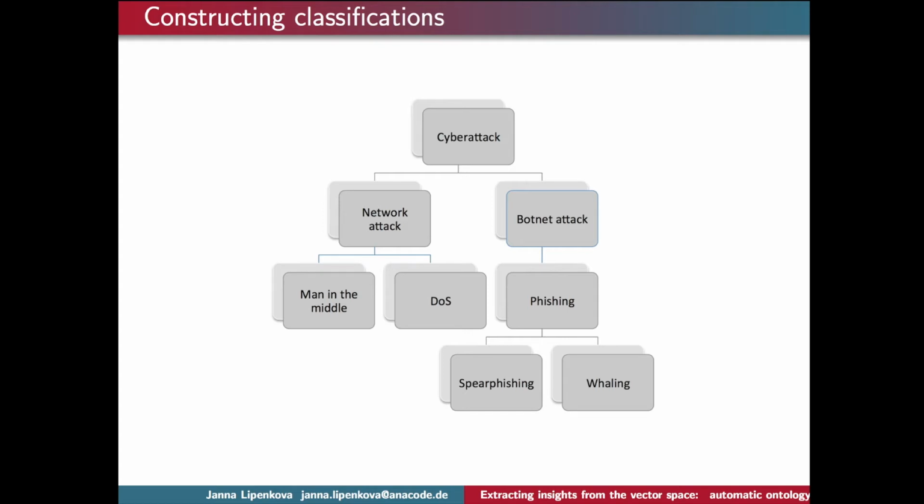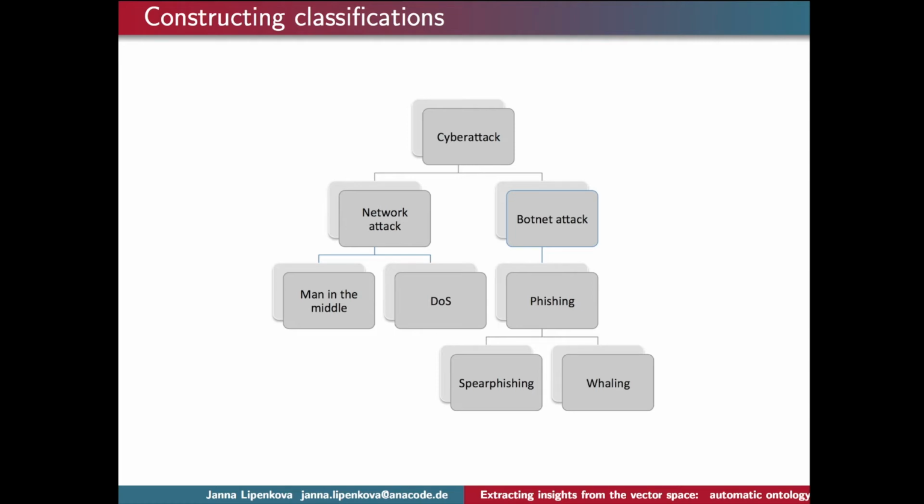As most of you might know, ontologies are classifications of knowledge with some relationships that can be established between the different classes and the different instances in the ontology. So on this slide, you can see, just to illustrate, a very small excerpt of an ontology for the cybersecurity domain.